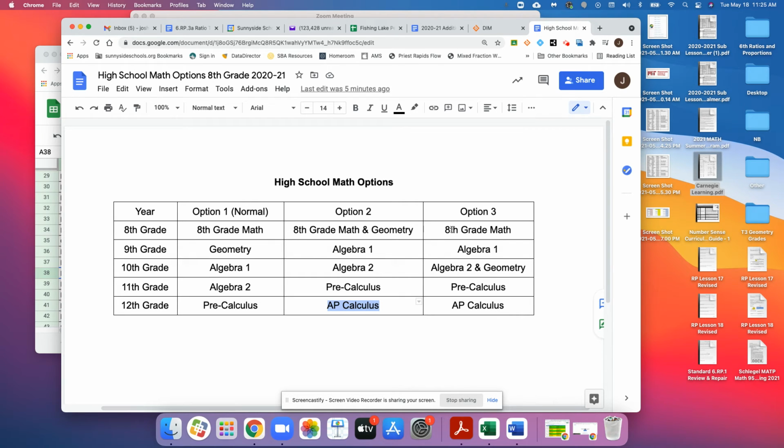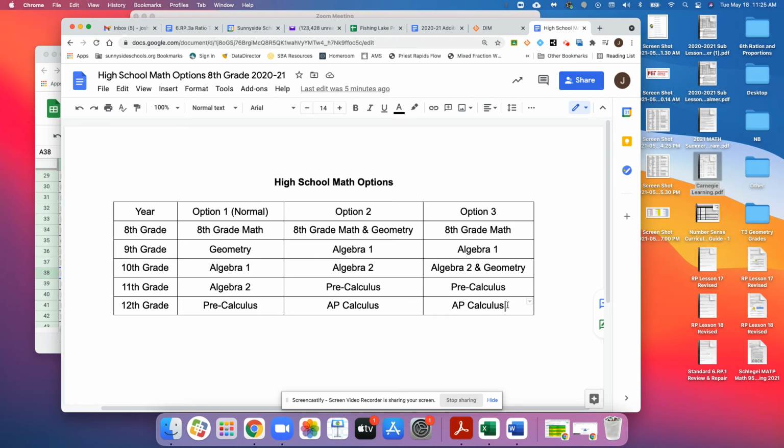The answer is yes, you can get to more math by combining Algebra 2 and geometry at the same time your 10th grade year. So if you are looking at, gee, next year I would really like to take Algebra 1 so that I can take Algebra 2 and geometry at the same time my 10th grade year so that I can get to AP Calculus, that is an option that we have for you.